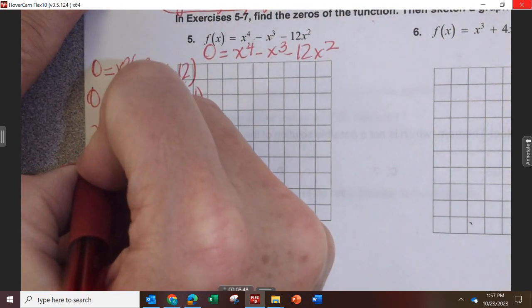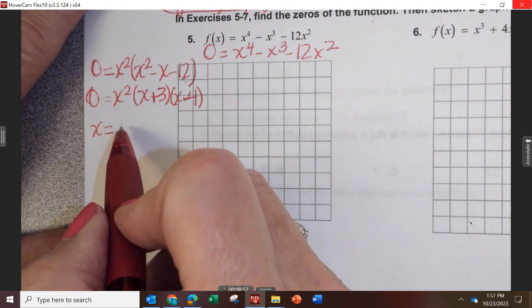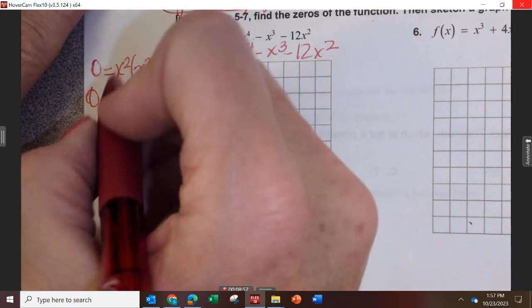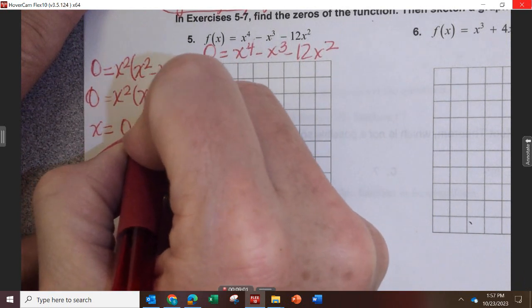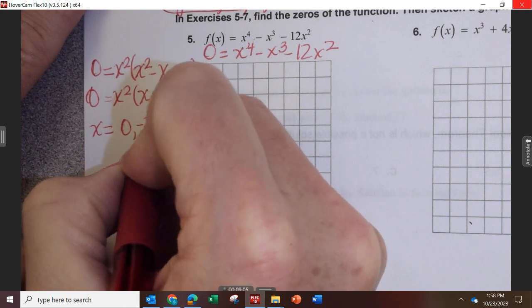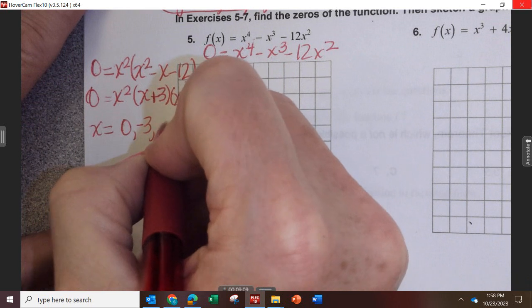And so our solutions then are going to be, what makes x squared equal 0? Just 0. Yeah, so 0 is going to be a solution. What's the solution on this? What plus 3 is 0? Negative 3. And this is going to be what minus 4 is 0? 4.